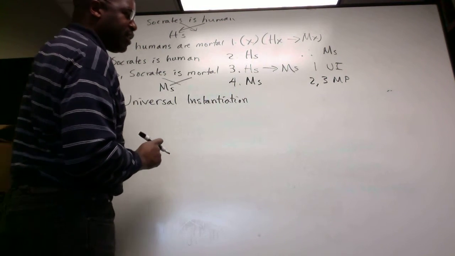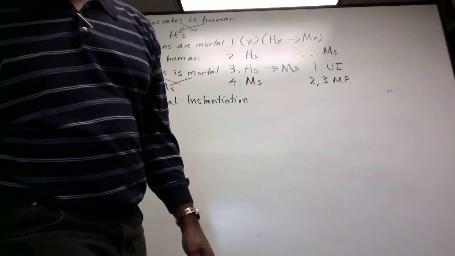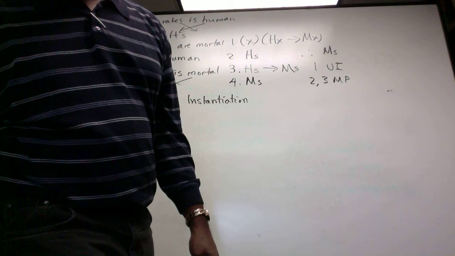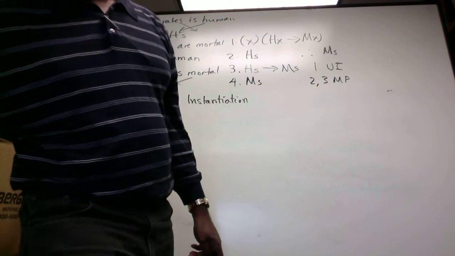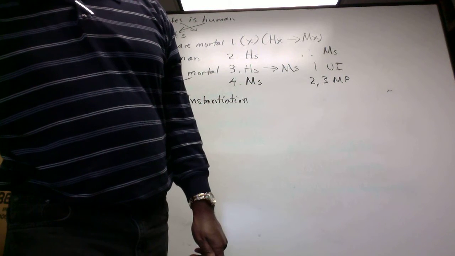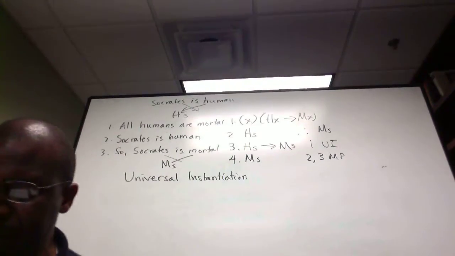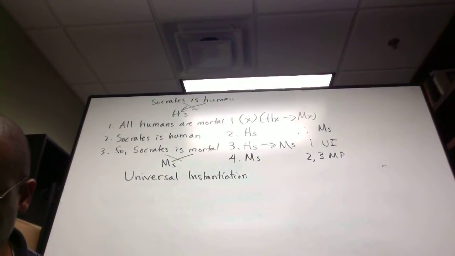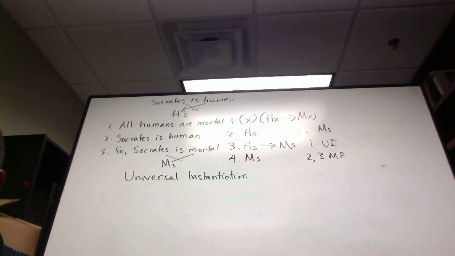That's called universal instantiation. Now, if you look at page 446 and 447, you get a demonstration of universal instantiation. I used the example that they use in that category.